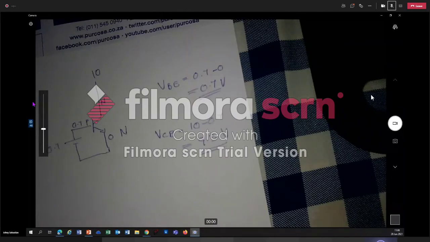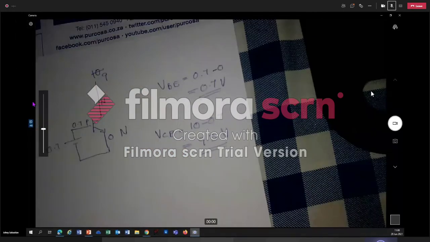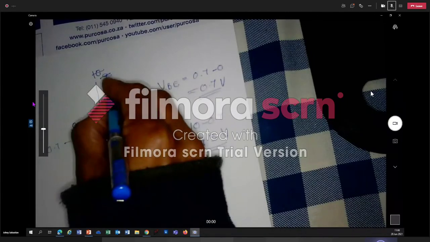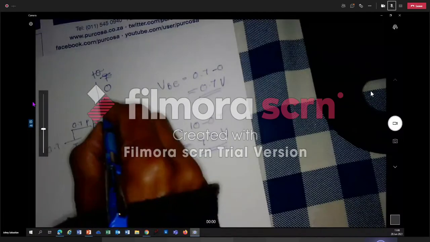You can reduce that to 9 volt. Still, collector base is reverse bias. You can put a 0 volt. Your VCB is still 0.7 reverse bias. You can go up to 0.4 here.